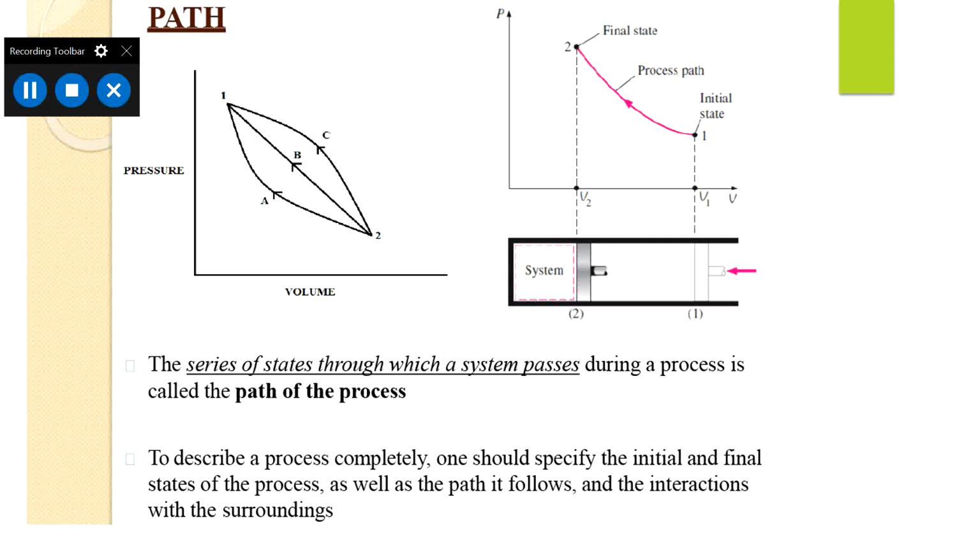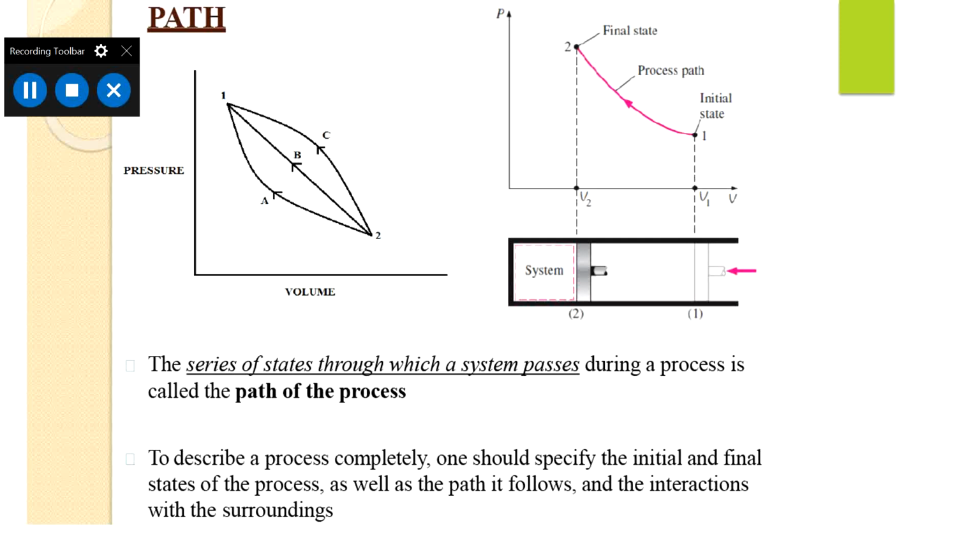That change can happen through path A, path B, or path C. The series of states through which a system passes during a process is called the path of the process.